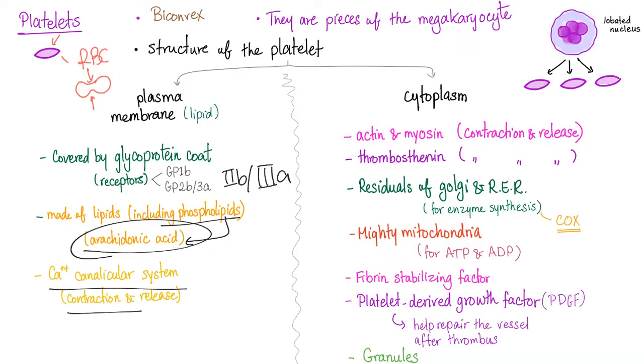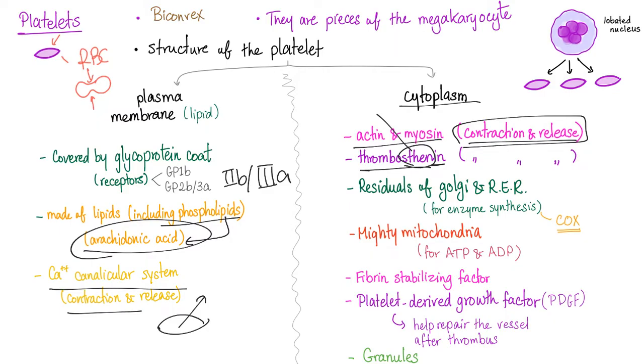Calcium canalicular system, because platelets need to contract. Why contract? In order to release, no pun intended. Cytoplasm, they have actin and myosin, again for contraction and release. Thrombosthenin, IN means protein. Stenos is Greek for strength.